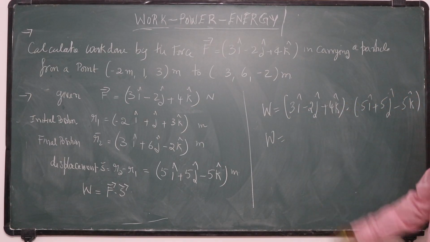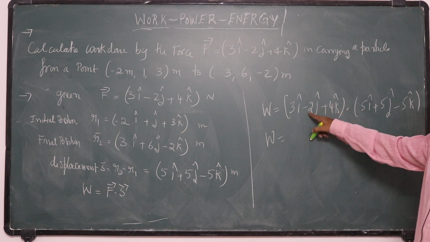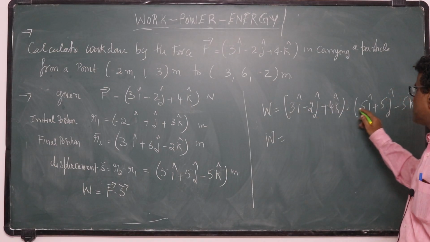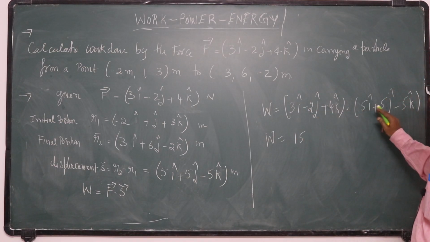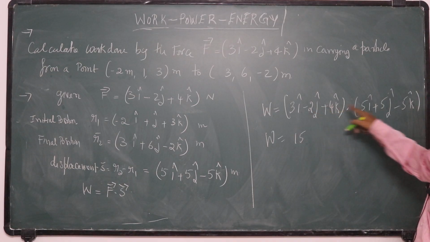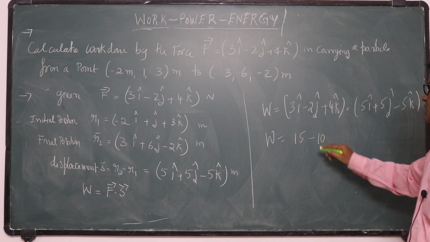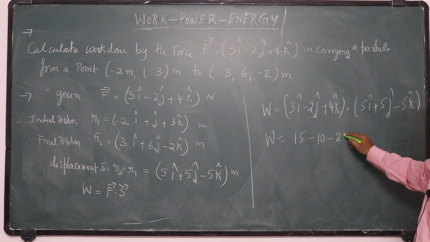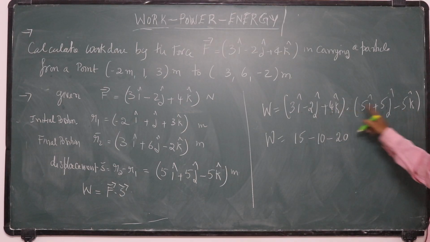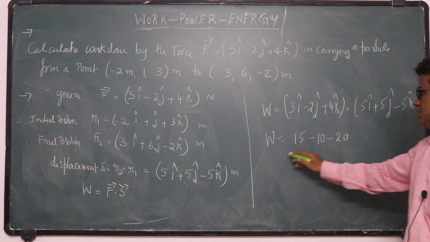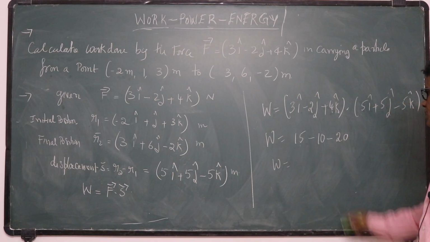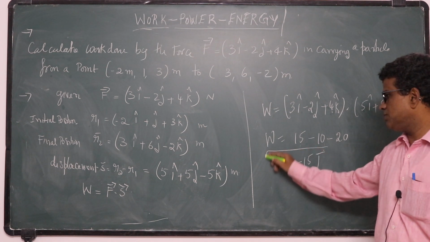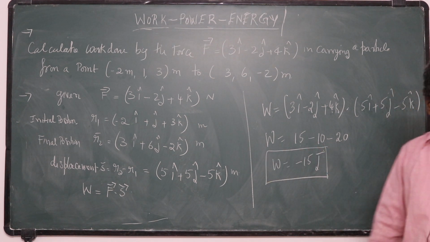You have to use the dot product formula: X1 X2 plus Y1 Y2 plus Z1 Z2. So 3 into 5 is 15, minus 2 into 5 is minus 10, and 4 into minus 5 is minus 20. So 15 minus 10 minus 20 is minus 15 joules. Work done is in joules. This is one example to calculate work done.